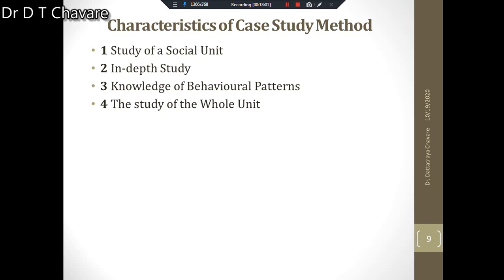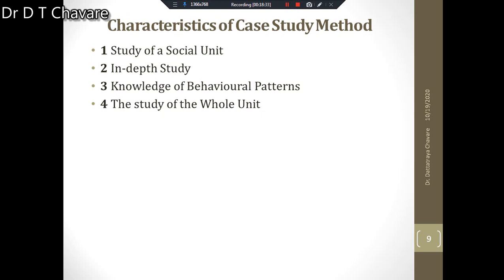Then it tries to detect the factors responsible for such behavioral pattern. In short, the case study method aims at narration as well as explanation of the behavioral pattern of the social unit under study. This is the third characteristic of the case study method.